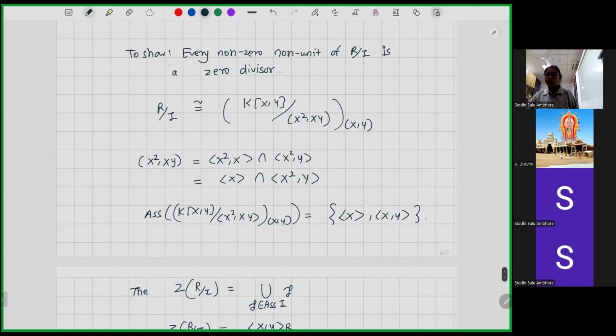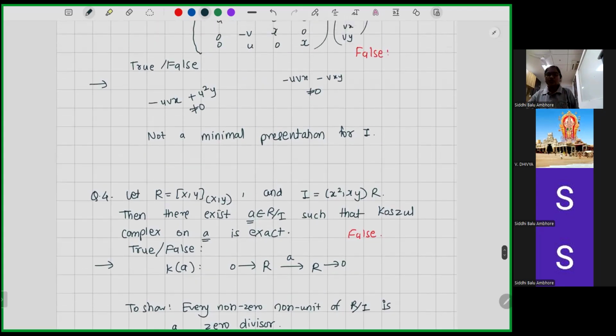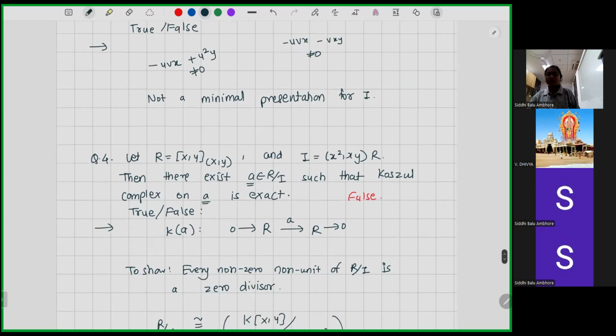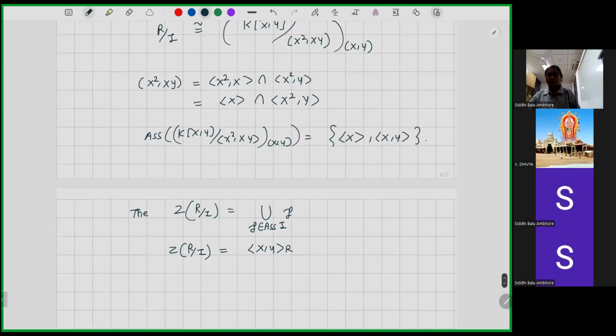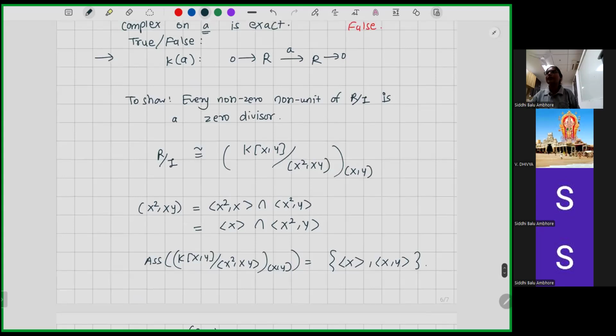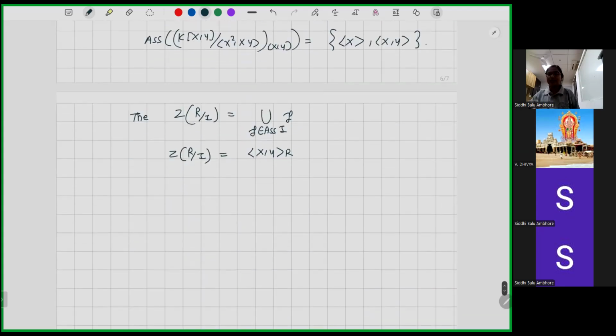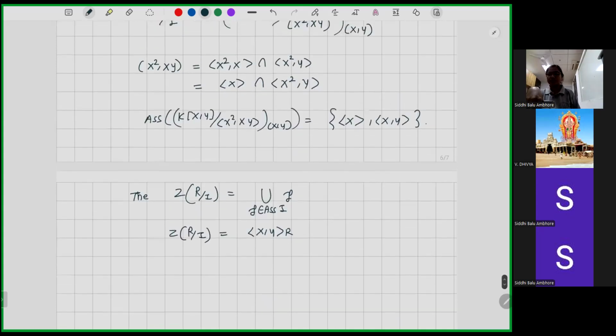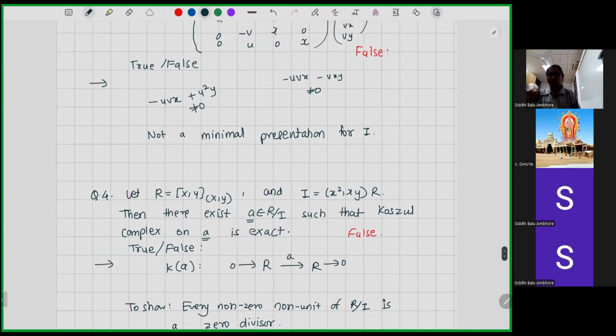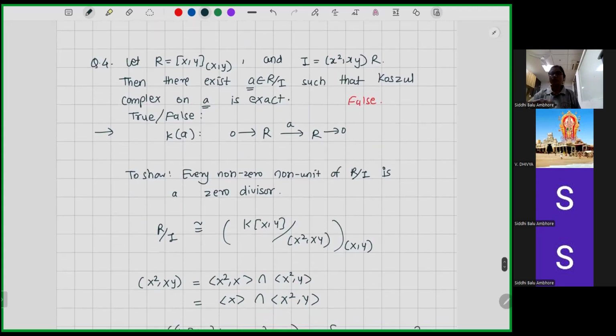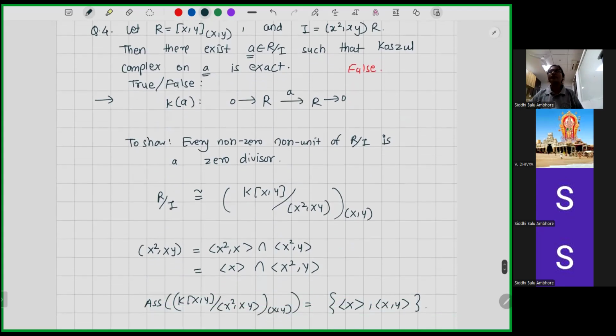Since this is localized at (x, y), every non-zero non-unit is inside this ideal generated by (x, y), and it is exactly equal to this ideal. We have proved this. So no such A exists in R mod I such that the Koszul complex will be exact. Is that clear?